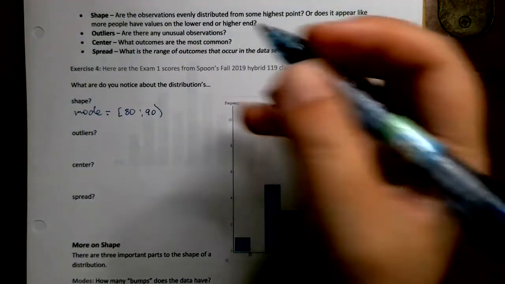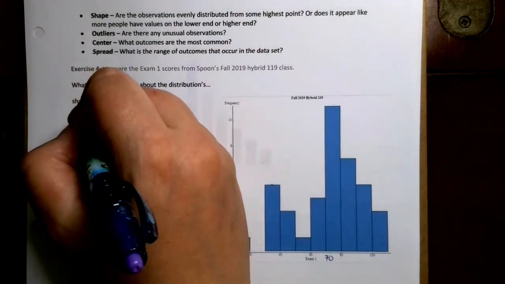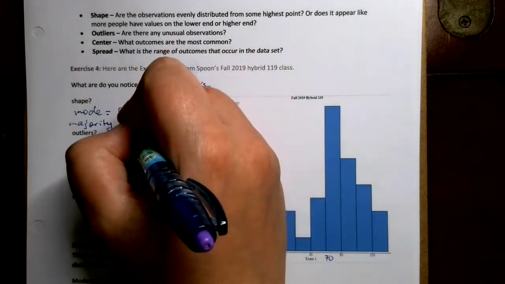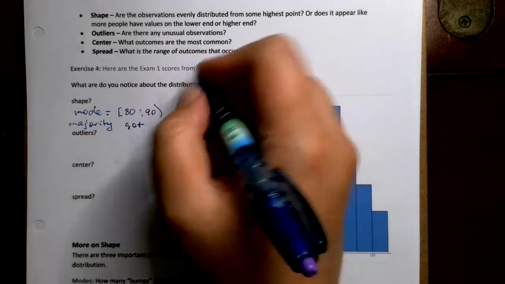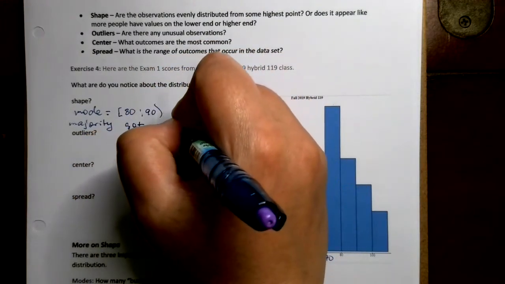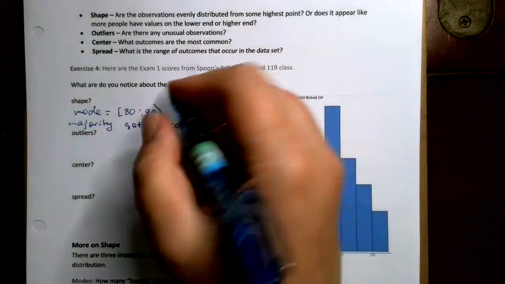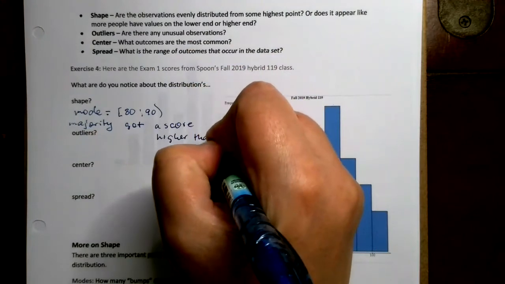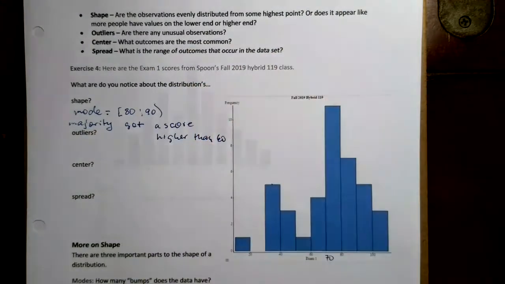All right. The majority got a score higher than 60.